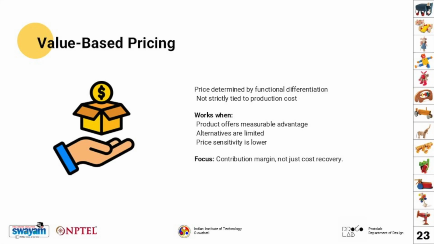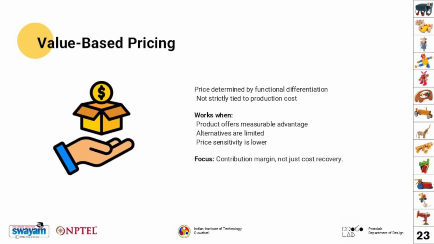Value-based pricing does not begin with cost. It begins with differentiation. Instead of asking, what does this cost to make? The company asks, what structural advantage does this product offer compared to alternatives?